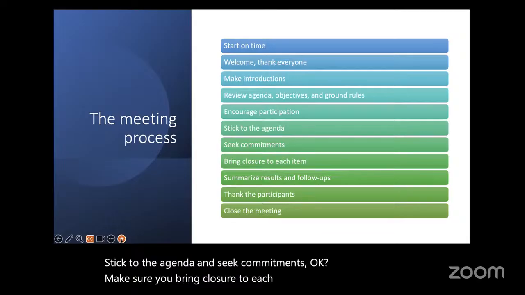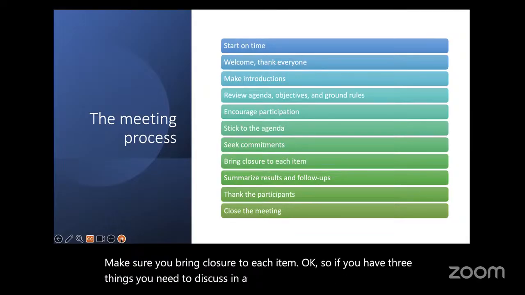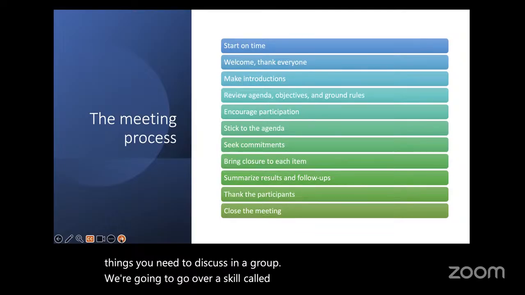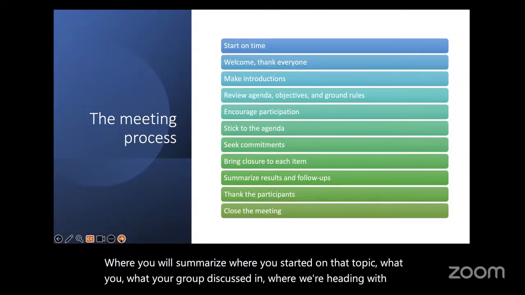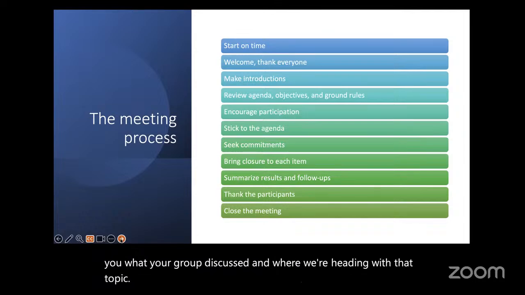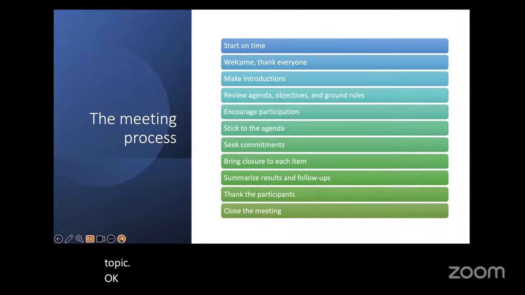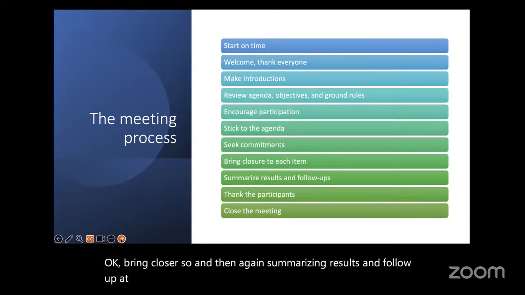If you have 3 things you need to discuss in a group, we're going to go over a skill called summarizing, where you will summarize where you started on that topic, what your group discussed, and where we're heading with that topic. Bring closure, and then again, summarize results and follow up at the end of the group.